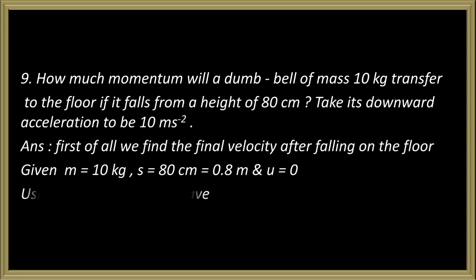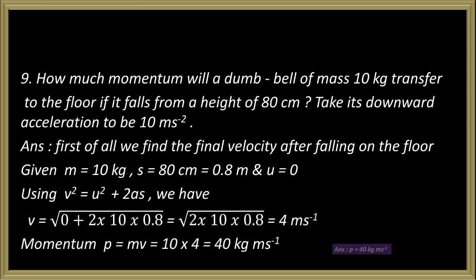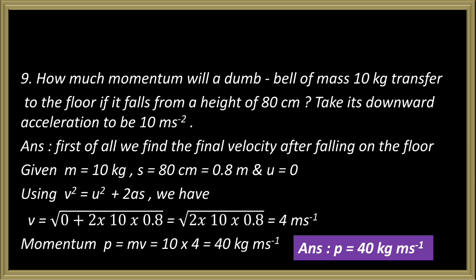Now question 9. How much momentum will a dumbbell of mass 10 kg transfer to the floor if it falls from a height of 80 cm? Take its downward acceleration to be 10 meter per second square.